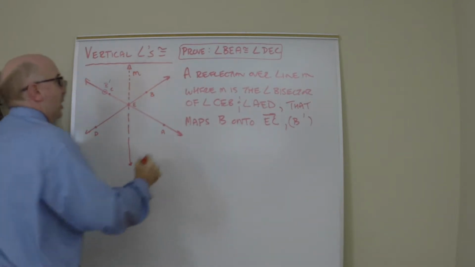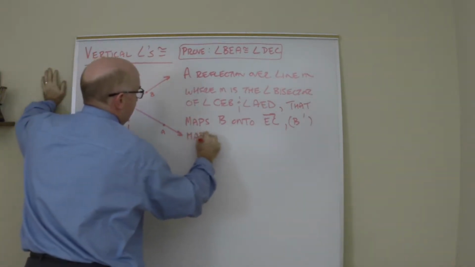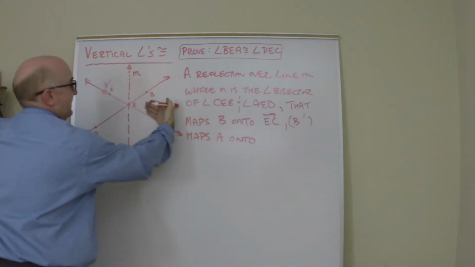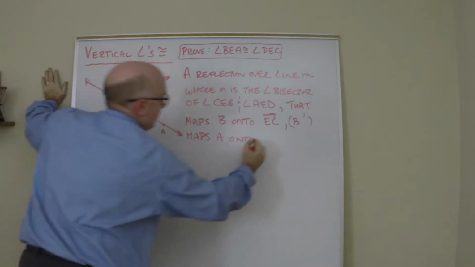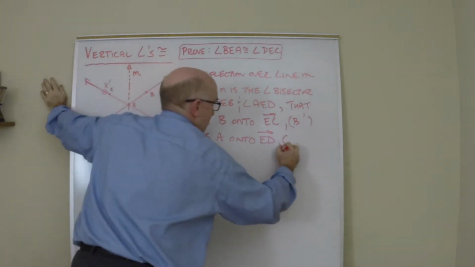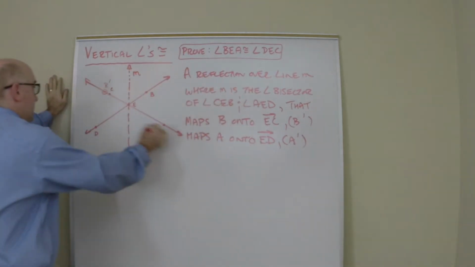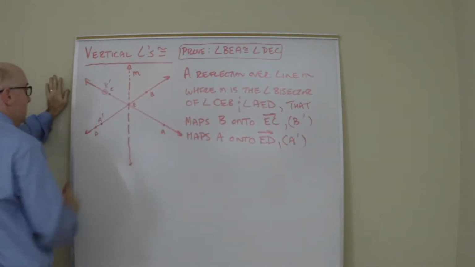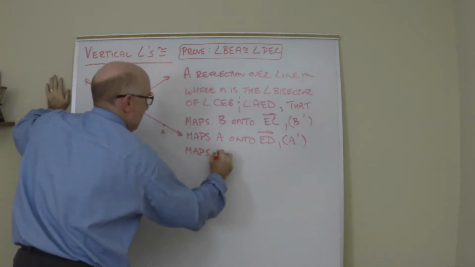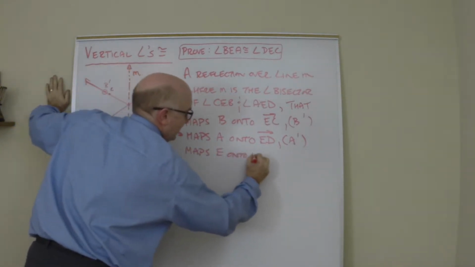We would also know that it would map A onto its other ray, ED, calling it A prime. So maybe here. And we would know that it would map E onto itself.